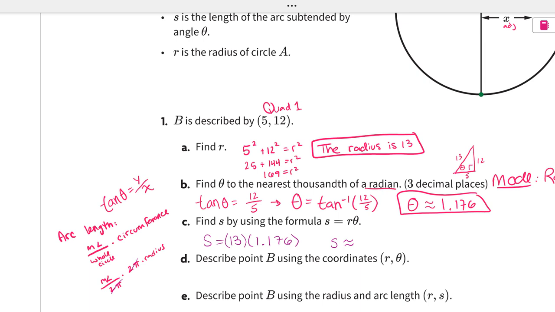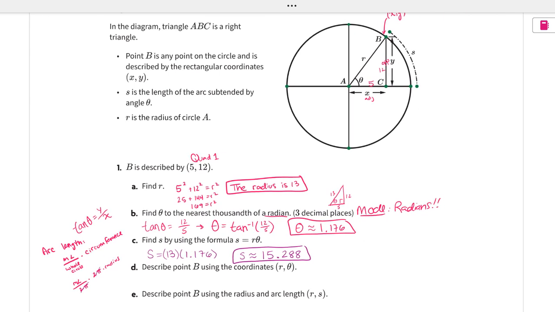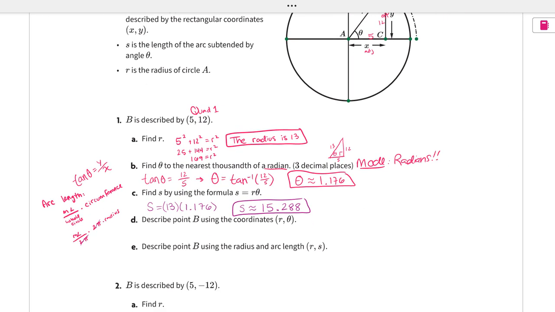Now, I haven't cleared my calculator from when I did inverse tangent, so I'm just going to keep that exact number and multiply it by 13 to get as exact a decimal as possible. And I got 15.288. I'll go to 3 decimal places because that's what we did for the angle. Okay. Now it doesn't tell us any units, so I'll just keep it at that.